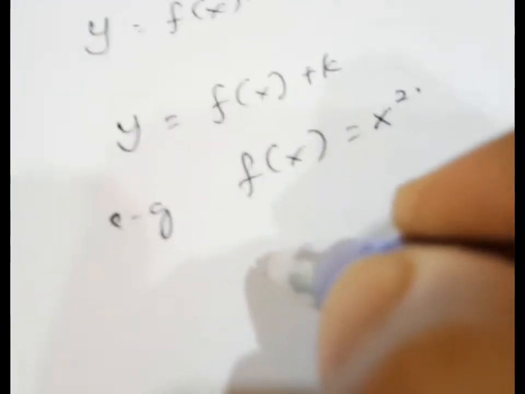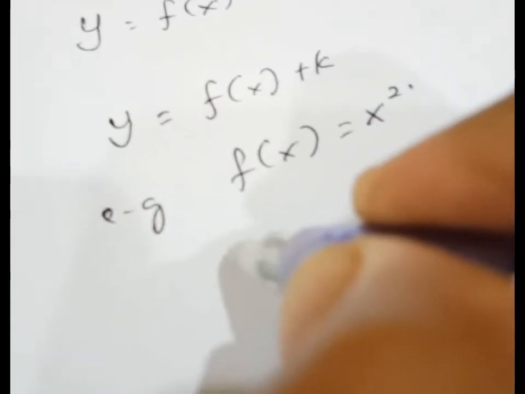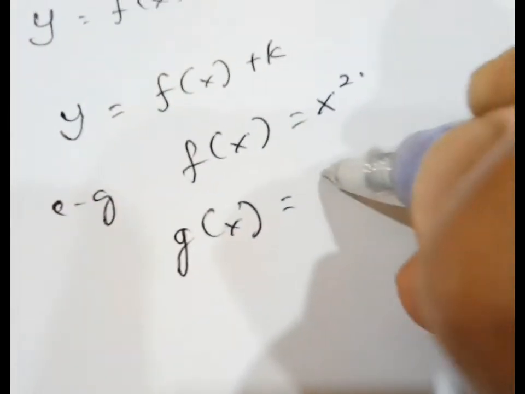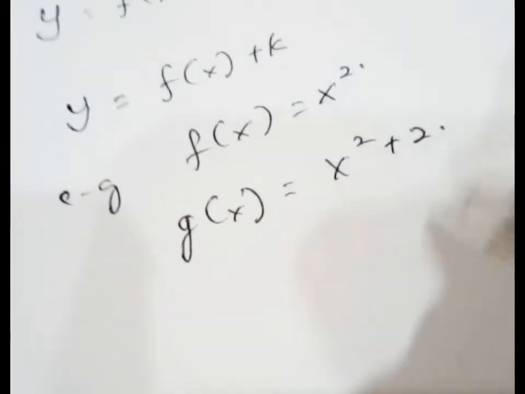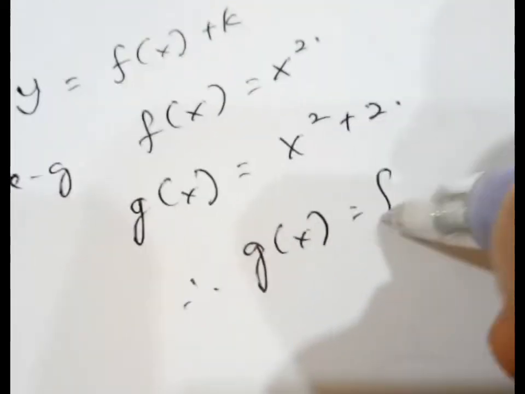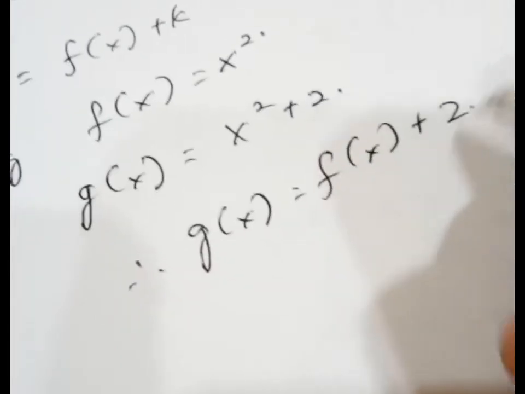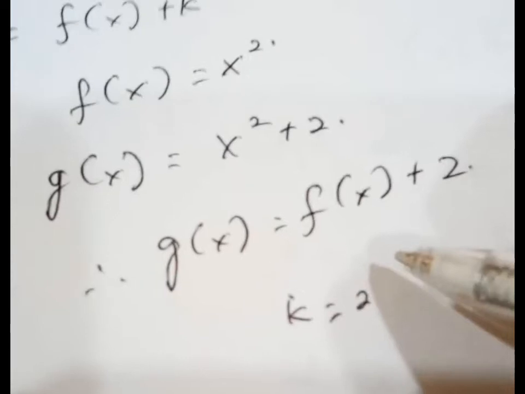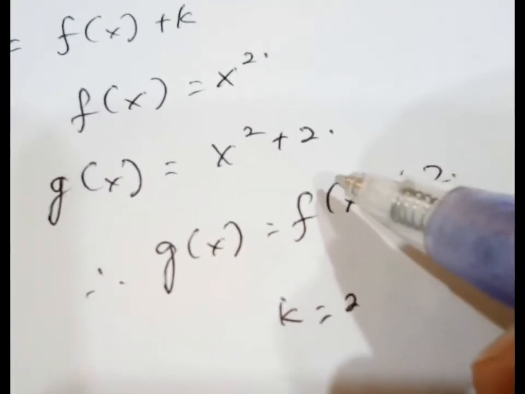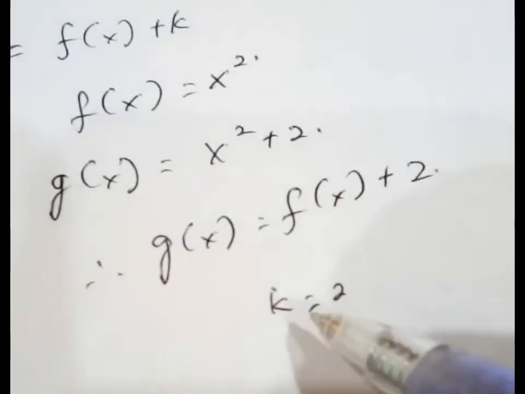Okay, example, let's say f of x is x squared. Now if we have g of x equal to x squared plus 2, it means that g of x is f of x plus 2. So k is 2. We shift function f of x 2 units upward.